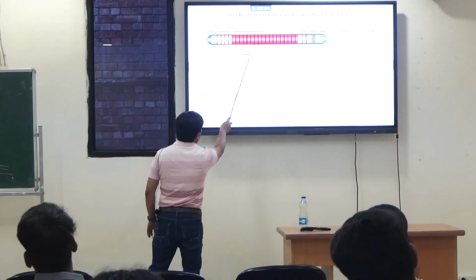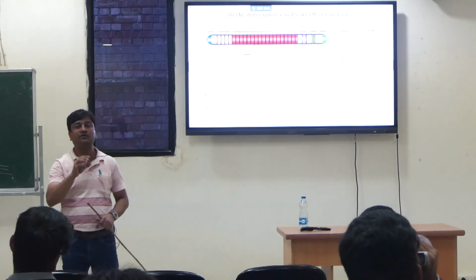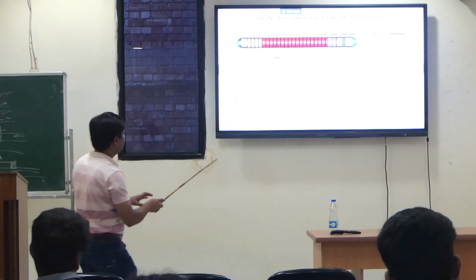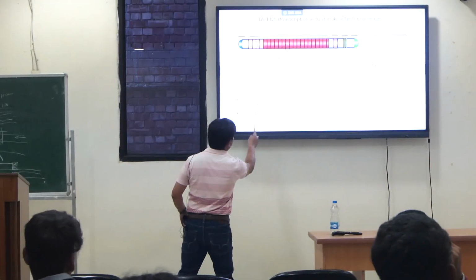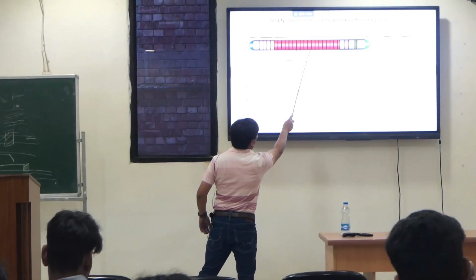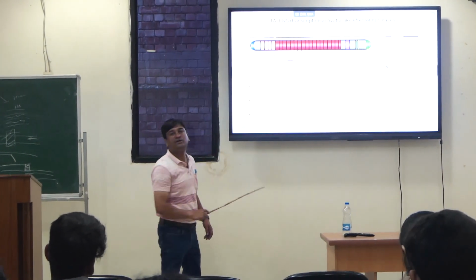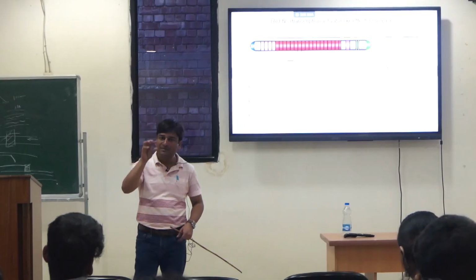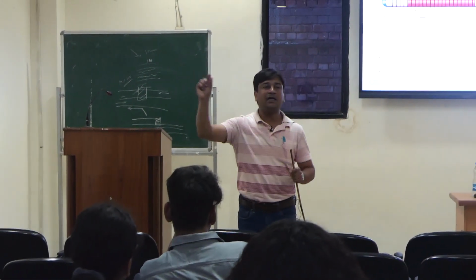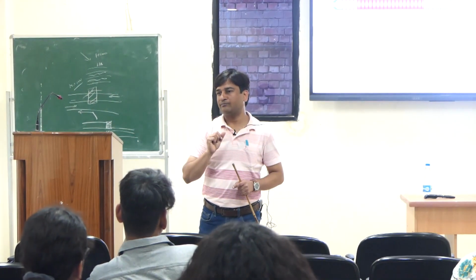These RVDs are the ones that give specificity to the repeat region. One repeat is shown here. This sequence will be conserved here also, here also, here also, but the non-conserved positions will be these 12 and 13, which provide specificity to this particular repeat segment to recognize a particular nucleotide.